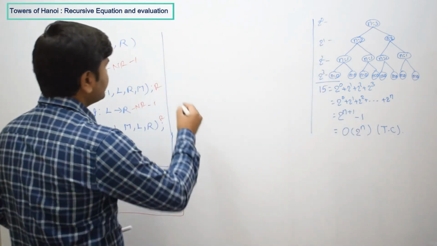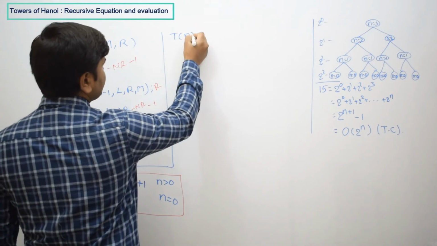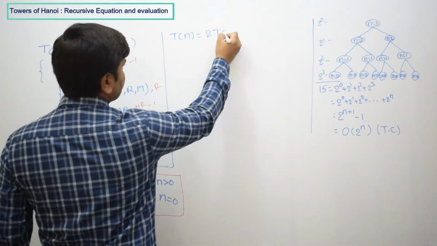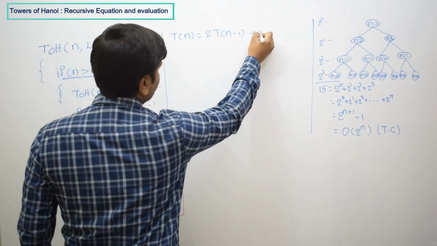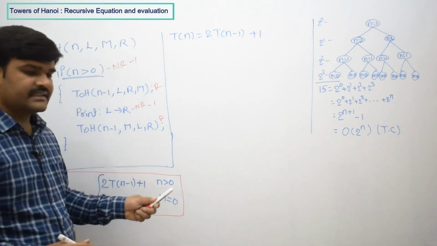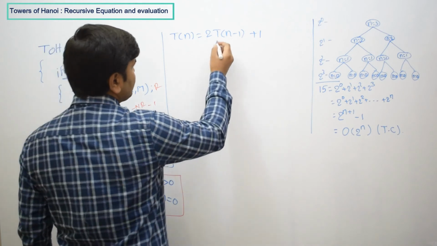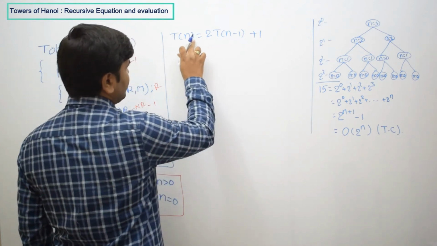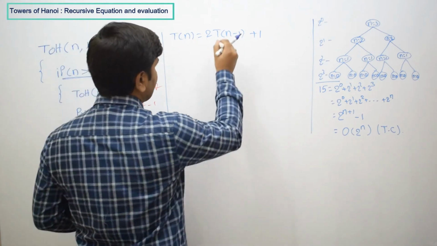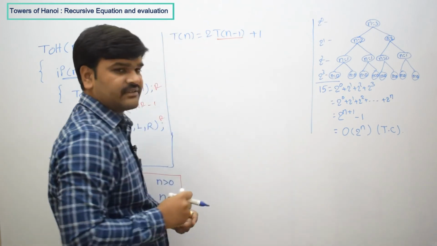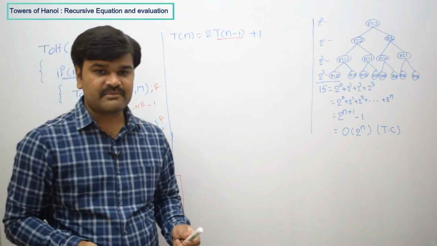So T of n equals 2T of n minus 1 plus 1, when n is greater than 0. Now here, how will you get this value? If you get this value, then you will get the T of n. So what is T of n minus 1?